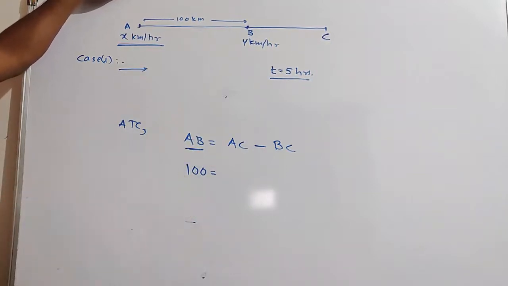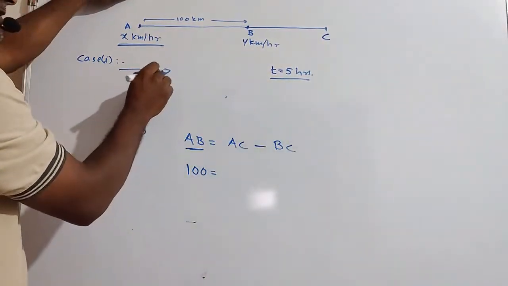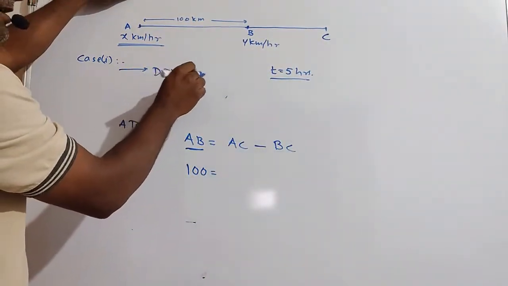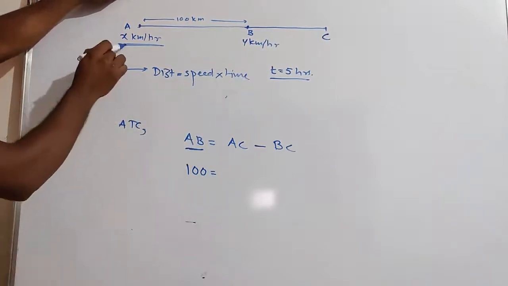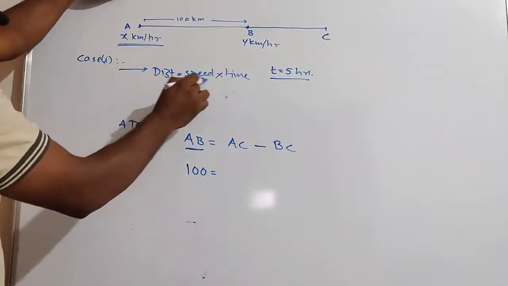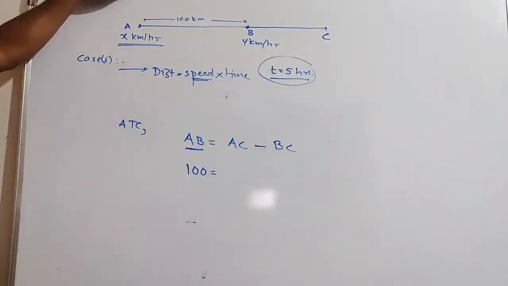We know that distance is equal to speed into time. What is the speed of car A? That is x. How much time is taken in the first case? That is 5 hours.